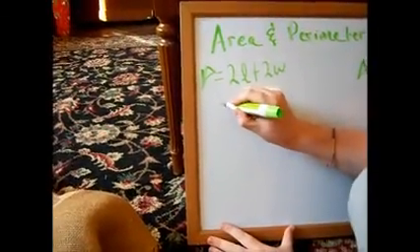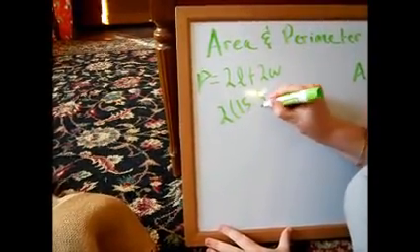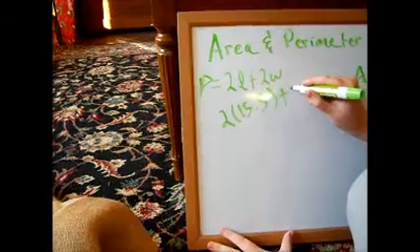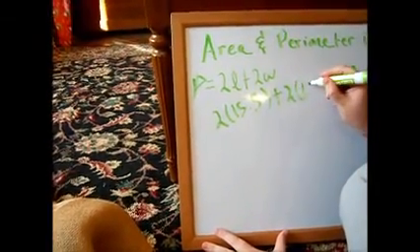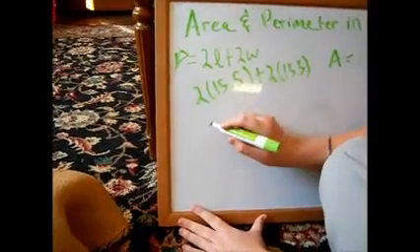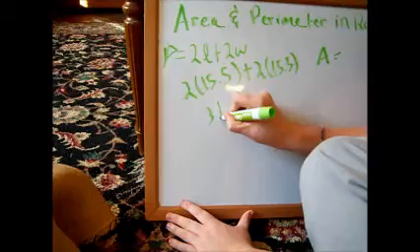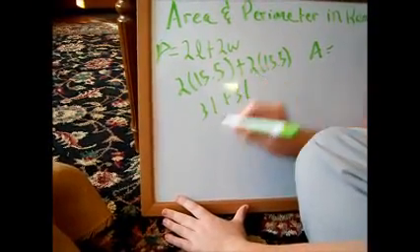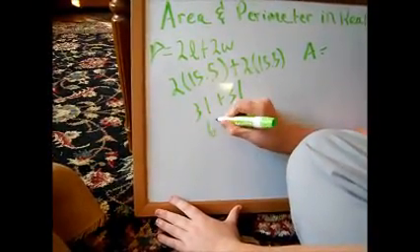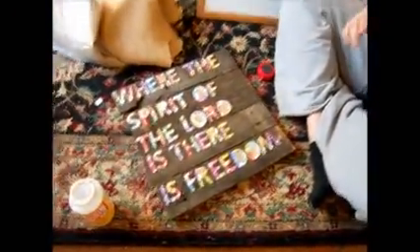Our length for this figure was 2 times 15.5, and then our width was 15.5 also. So we're going to put that in here, and we're going to work out the rest of the math so we know how much the perimeter is. This is 31 and this is 31. So our perimeter is 62. So I will need 62 inches of burlap to go around my piece here.